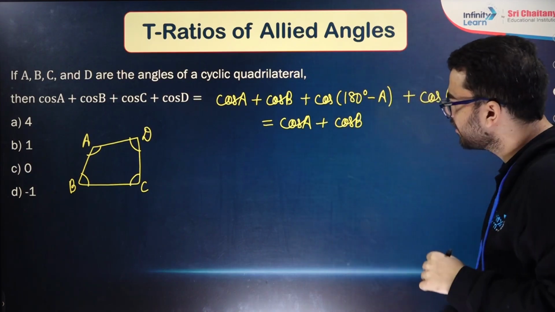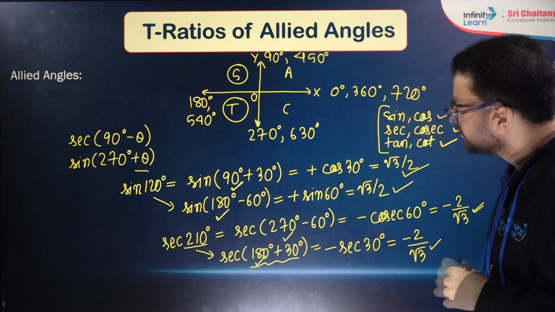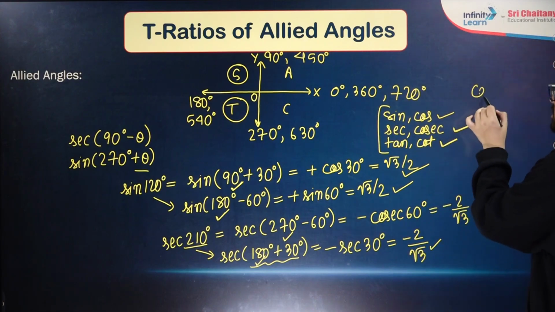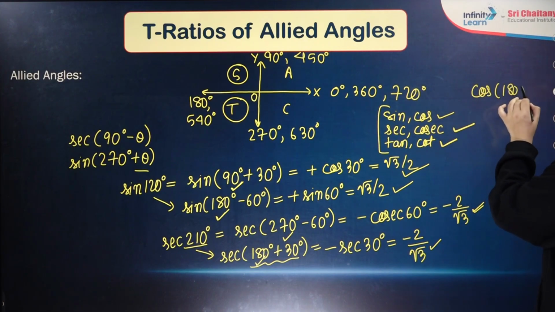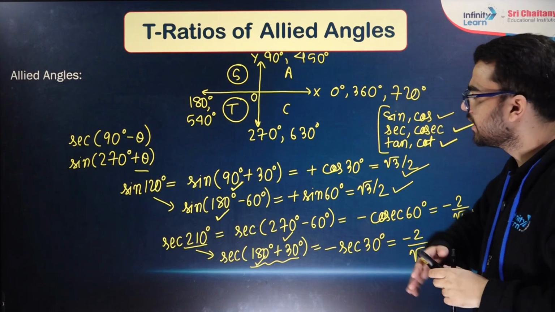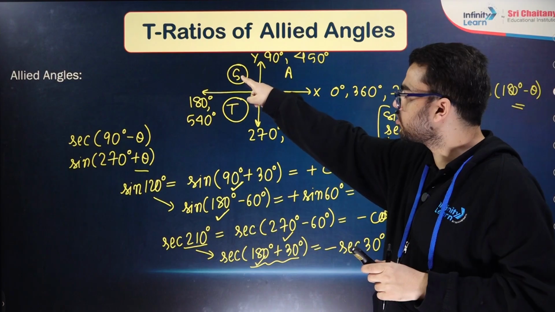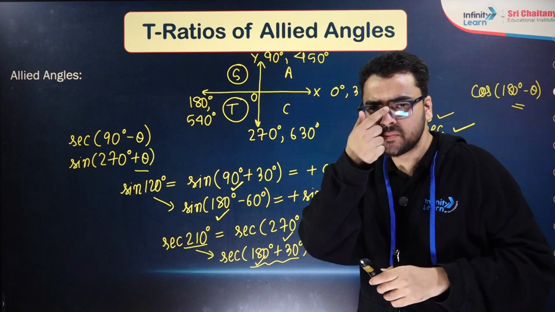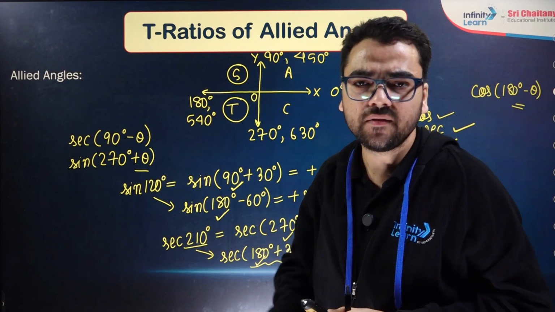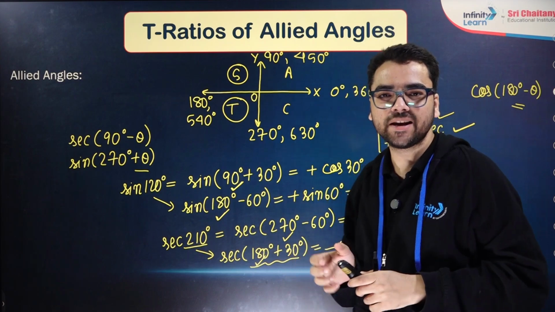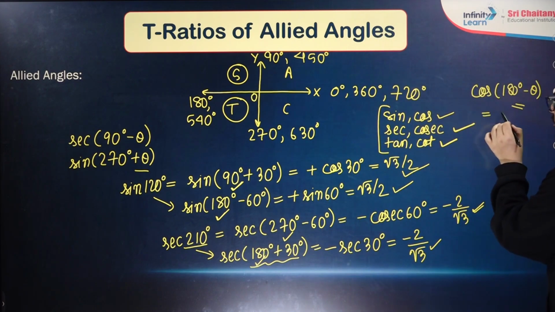Now I was explaining that thing over here. So we have to find the value of cos 180 minus theta. Now 180 minus theta is in which quadrant, guys? You are in the second quadrant. In the second quadrant, S for sine and its reciprocal cosec will be positive and all other trigonometric ratios will be negative. So the answer will be negative over here, right?